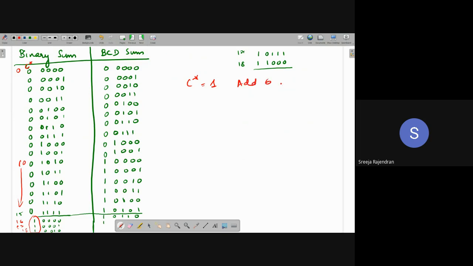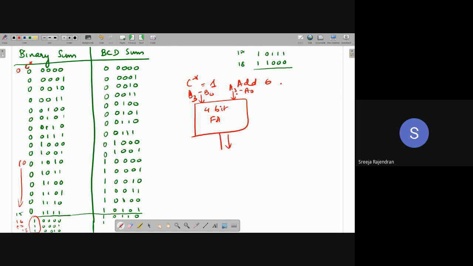When C star is equal to 1, I have to add 6. So what we are doing is initially we will add like a normal adder, a 4-bit full adder. I have my inputs B3 to B0, and I have A3 to A0. I add them.